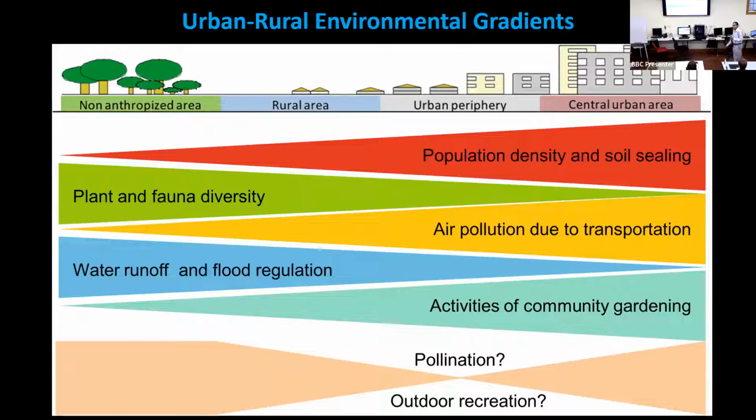Air pollution in particular is more serious as you move towards the urban center. There is very little need for flood regulation or runoff regulation, channelized flow regulation, at the rural end, but that becomes a more dominant feature in the urban landscapes.